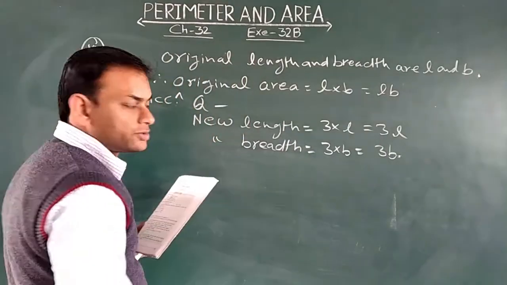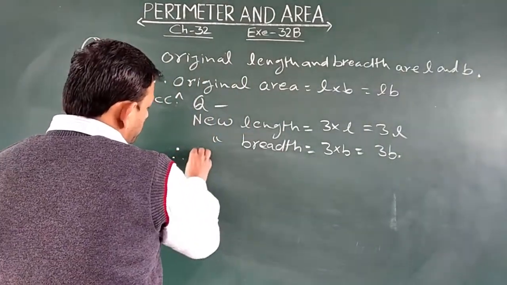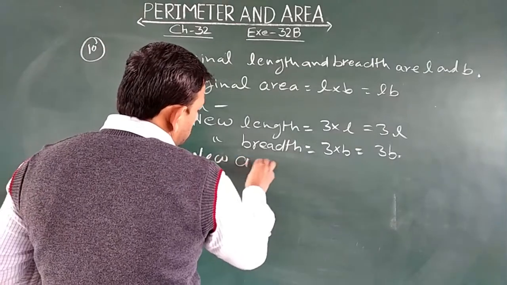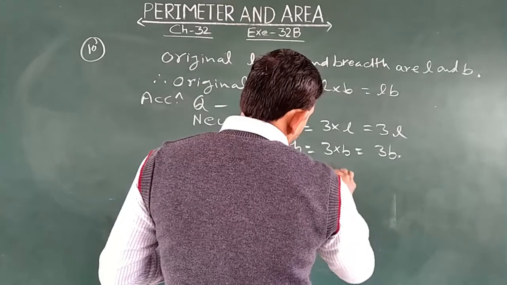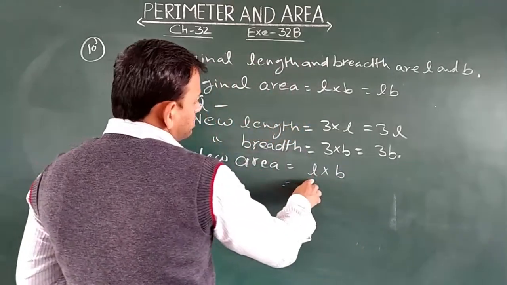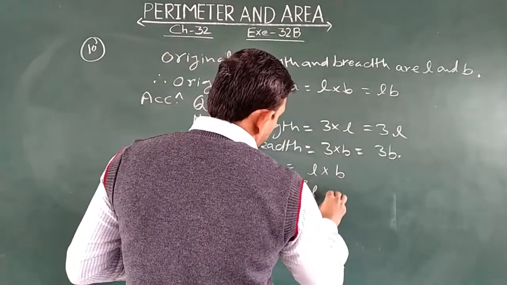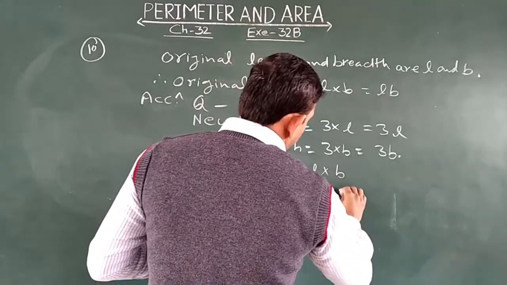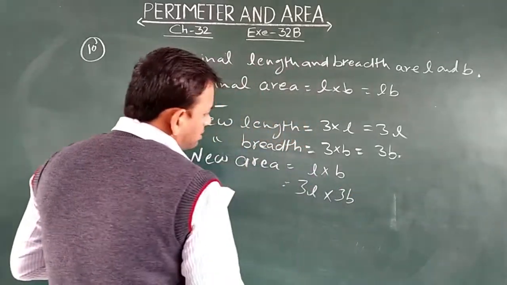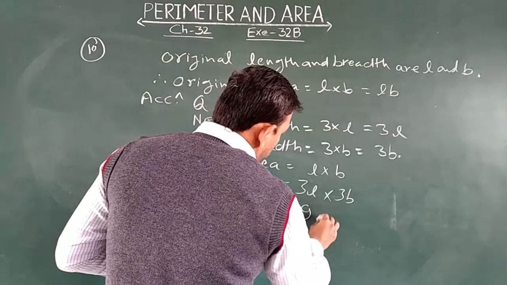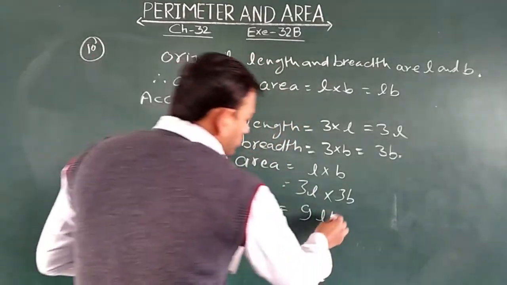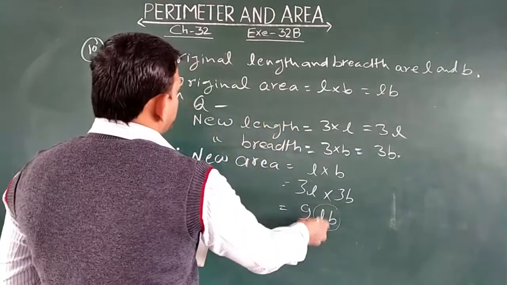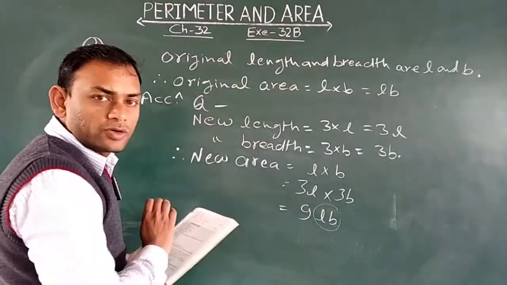Got it? Therefore new area will be again length into breadth. Now the new length is 3L, okay, and new breadth is 3B. So it will be 9LB, and you know what LB is? LB is the original area, okay.